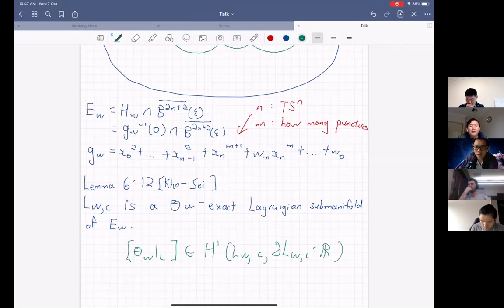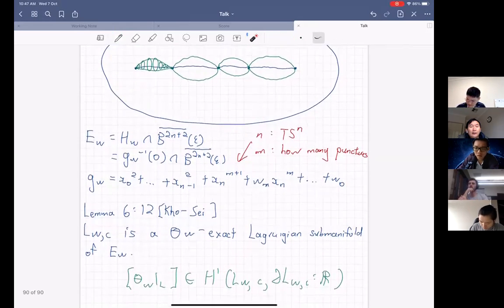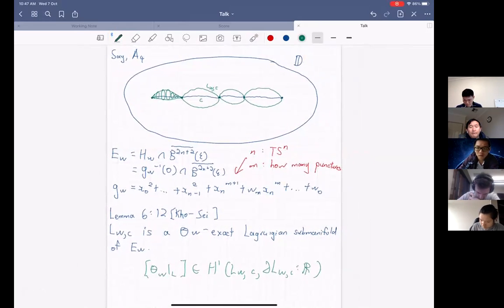LWC is the Lagrangian sphere in the total space. And then the Lagrangian, you have a boundary. So this is for any submanifold, but sometimes the boundary could be empty, right?